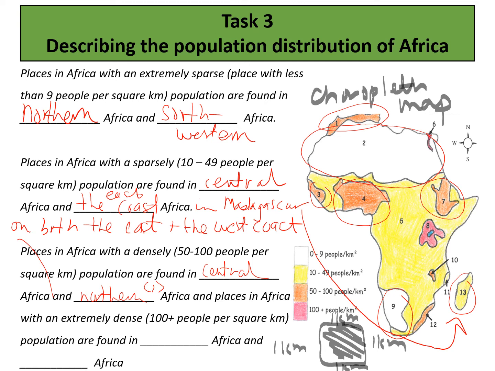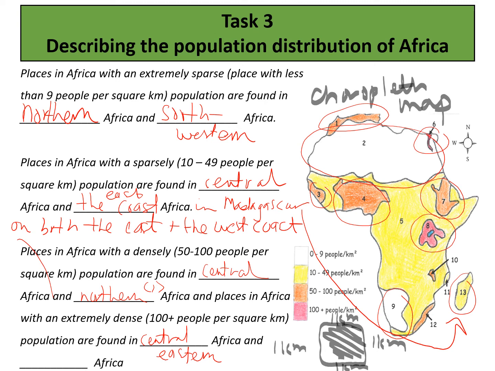Okay. And then what about the other places then? So the places that are this dark red colour, well, they are found in places such as, I'd say that's on the eastern side of Africa, kind of in the centre. So Central Eastern Africa. And then we also have this area here, which is actually found in Egypt.